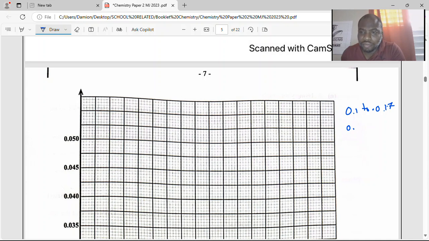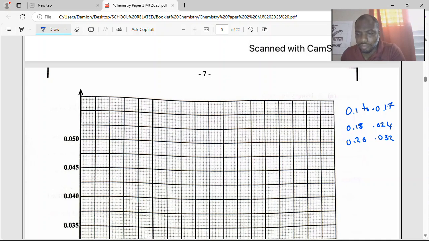0.024. What was the concentration at that time? 0.15. So 0.15 and 0.024. Next one, the concentration is 0.20 and it's 0.032.